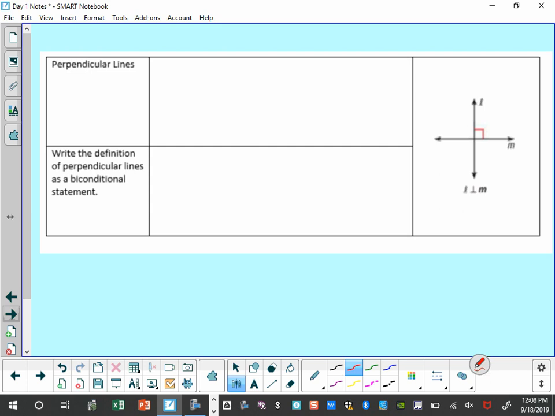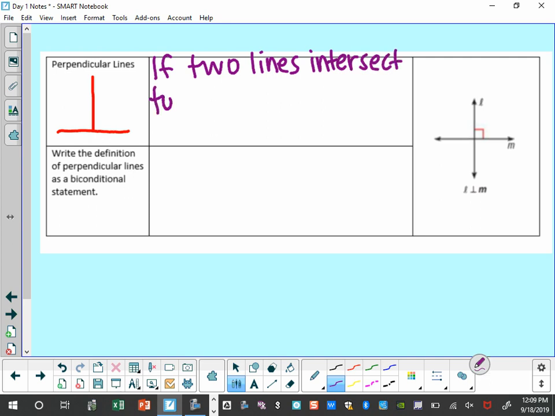All right, so perpendicular lines. That's our symbol, an upside down capital T. And our definition that I want you to write is: if two lines intersect to form a right angle, then these lines are perpendicular.